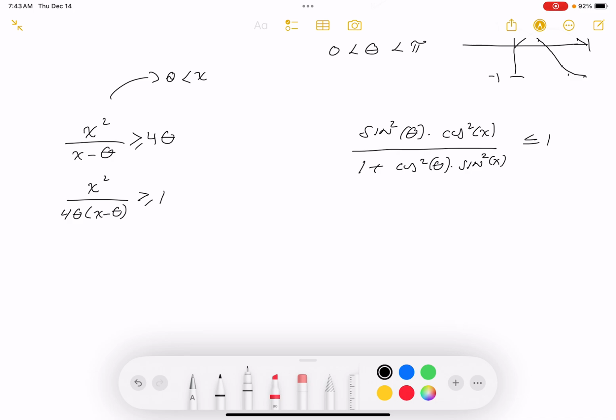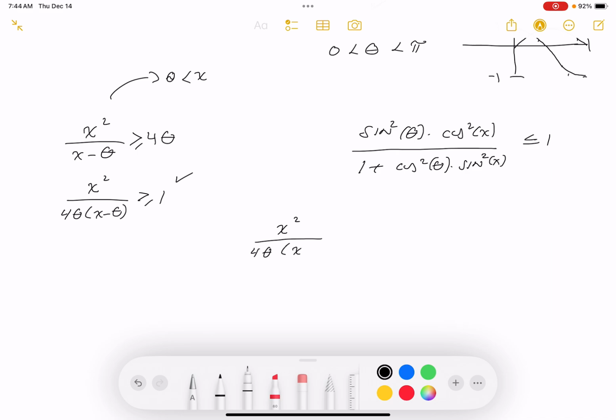So this is always going to be greater than or equal to 1, and over here, this thing is always less than or equal to 1. My concern right now is for what x values they are going to be in agreement. Now again, if this is always greater than 1, this reminds me of the problem we just did in part A, where we had maximals and minimals, and we're going to ask, when do they touch each other? So we'll set them equal to one another. We'll put down x squared over 4 theta.